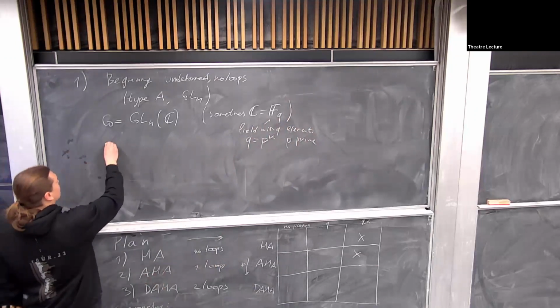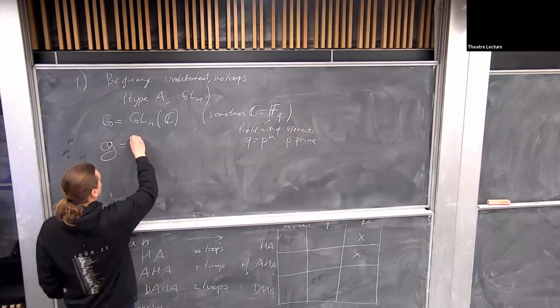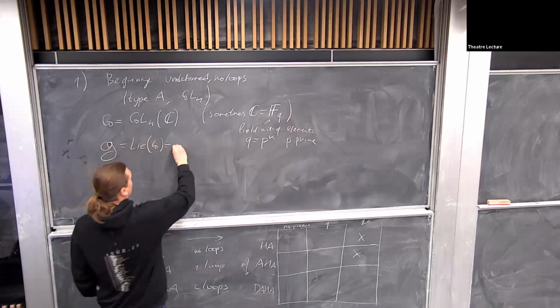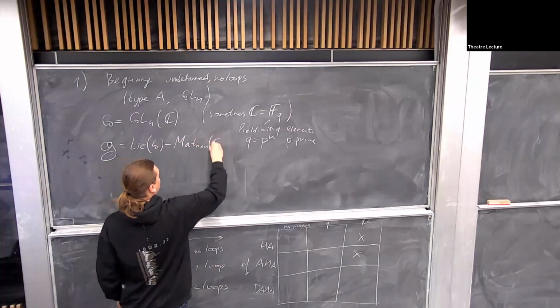I will try to say when that will be the case. So this is the Lie algebra of G, and this is n by n matrices.